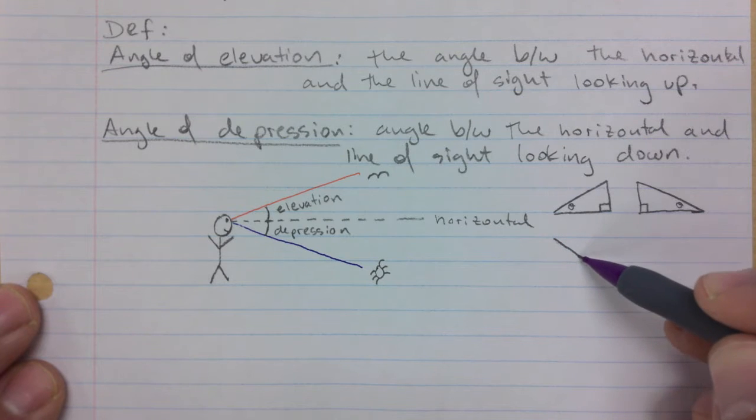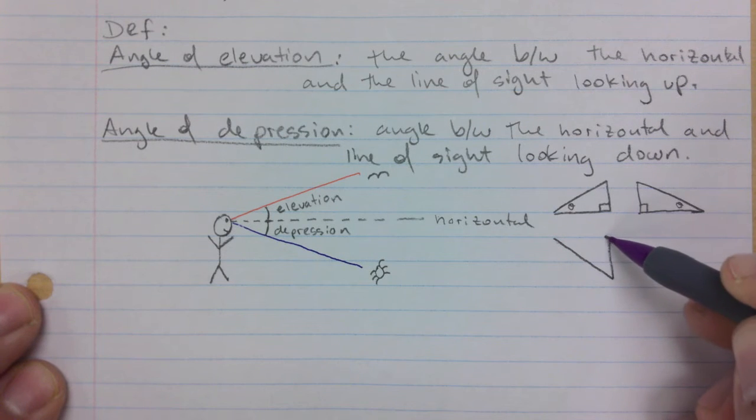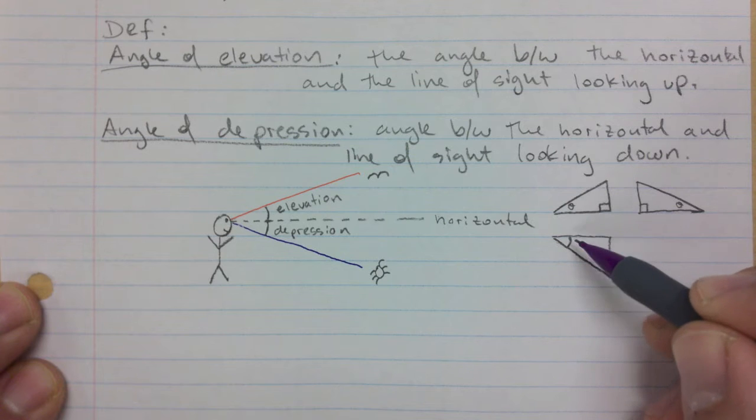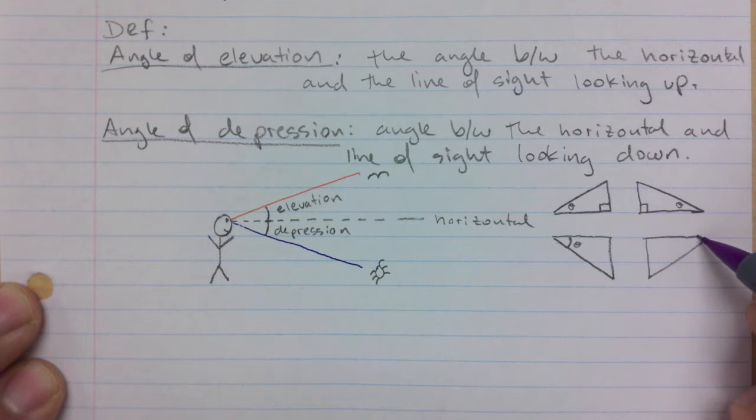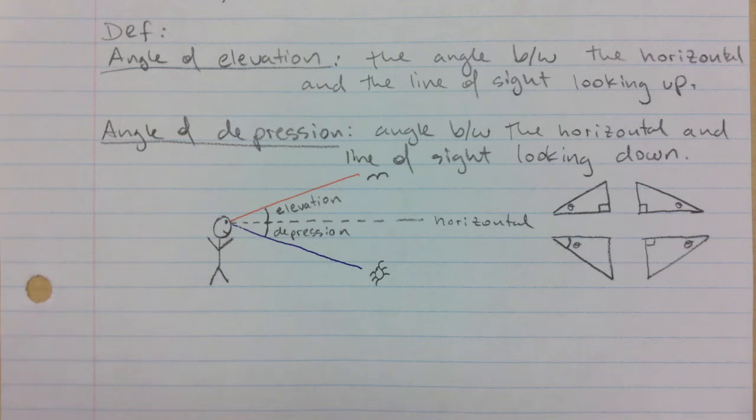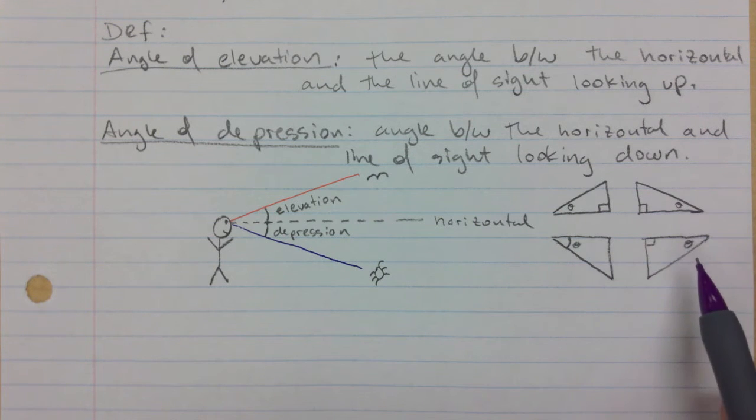If it's a depression kind of question, the triangle will look like this, and there's your angle there, or it might be. So a classic example is a ship scanning the bottom of the ocean with radar, and all of a sudden it notices an object at a certain angle of depression, and so that angle you should know, my triangle will most likely look like this or like this, depending on which way it's coming from.